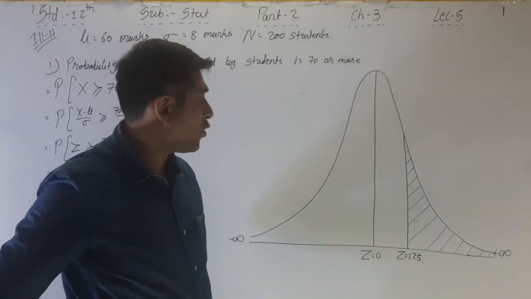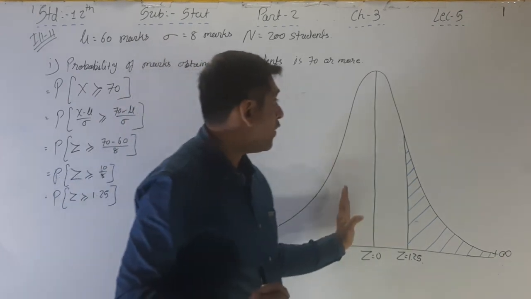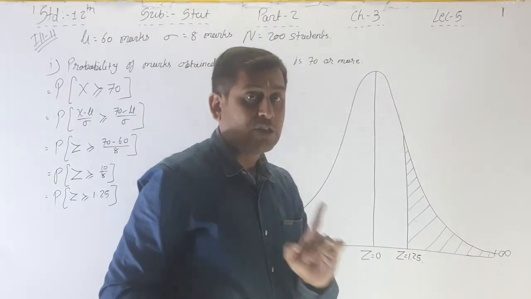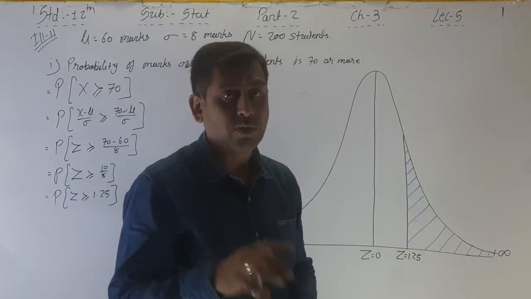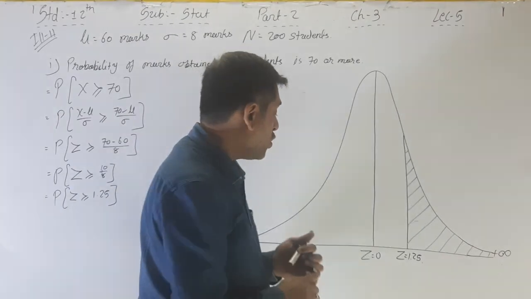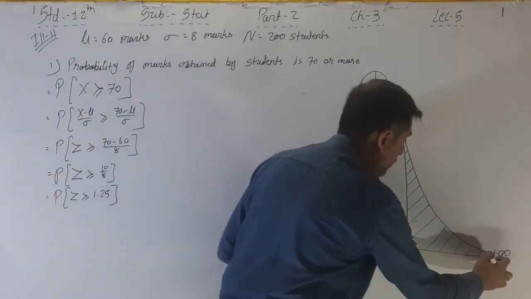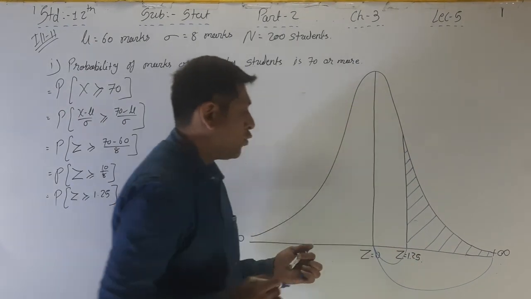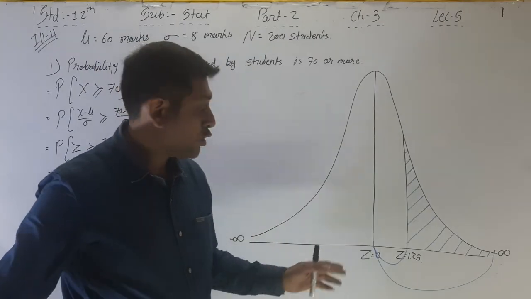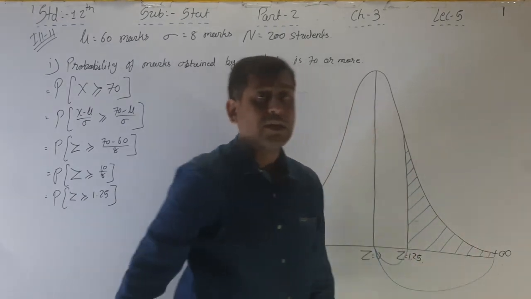And if we want to find out the area on one side of the perpendicular and it is not starting from 0, then compulsorily we have to subtract the two areas, that is total 0 to plus infinity minus 0 to 1.25. Okay, 0 to this minus 0 to this, and then we can find this directly.